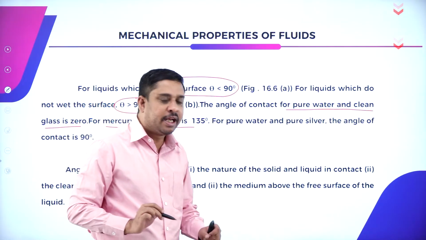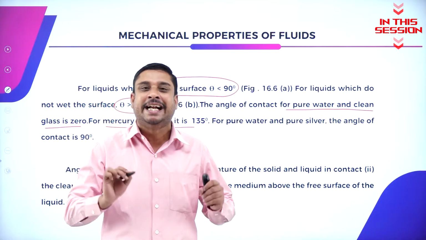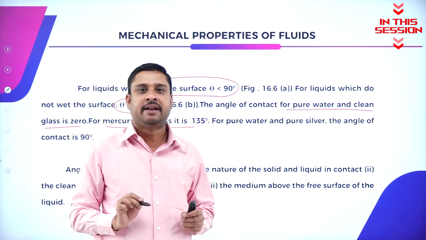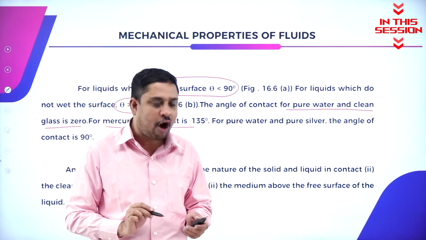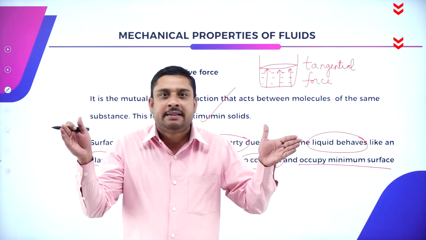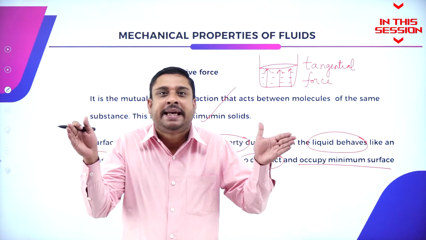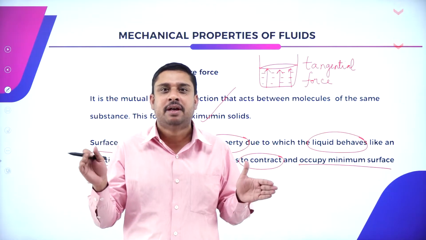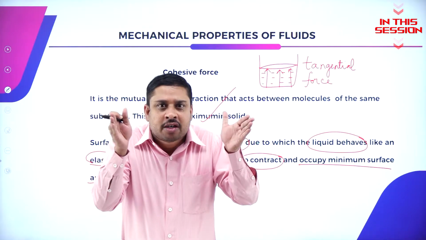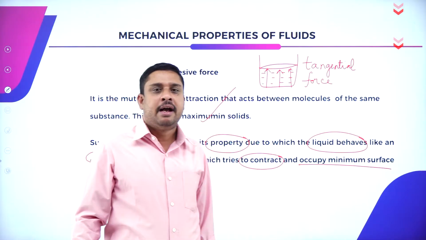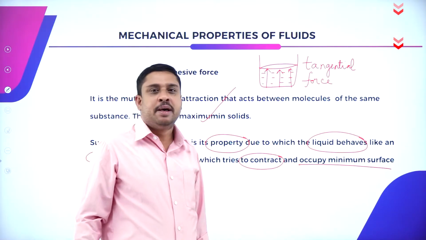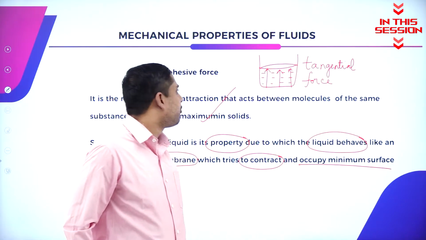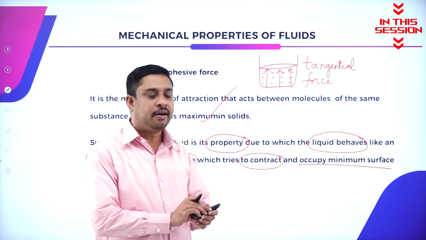So depending on whether it wets or doesn't wet, we define angle of contacts. The liquid behaves as an elastic membrane which goes on contracting and occupying minimum surface area.